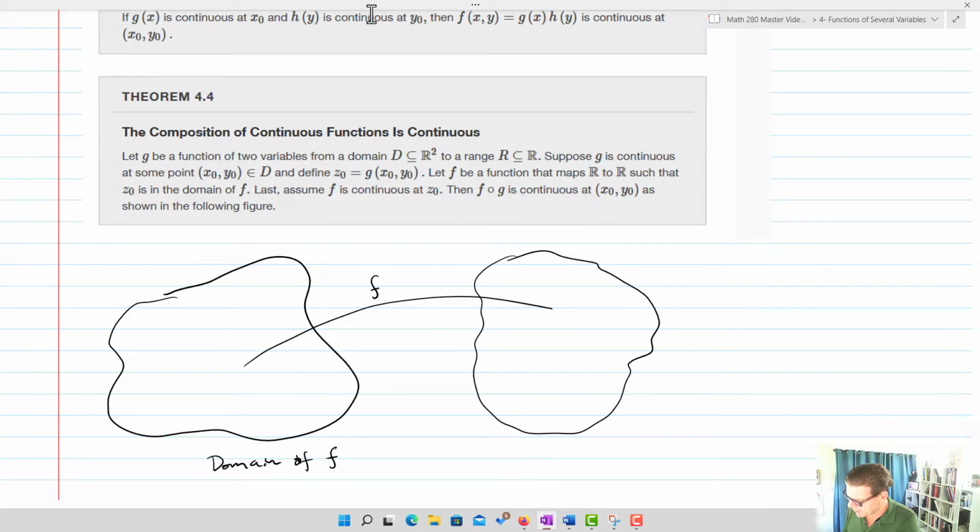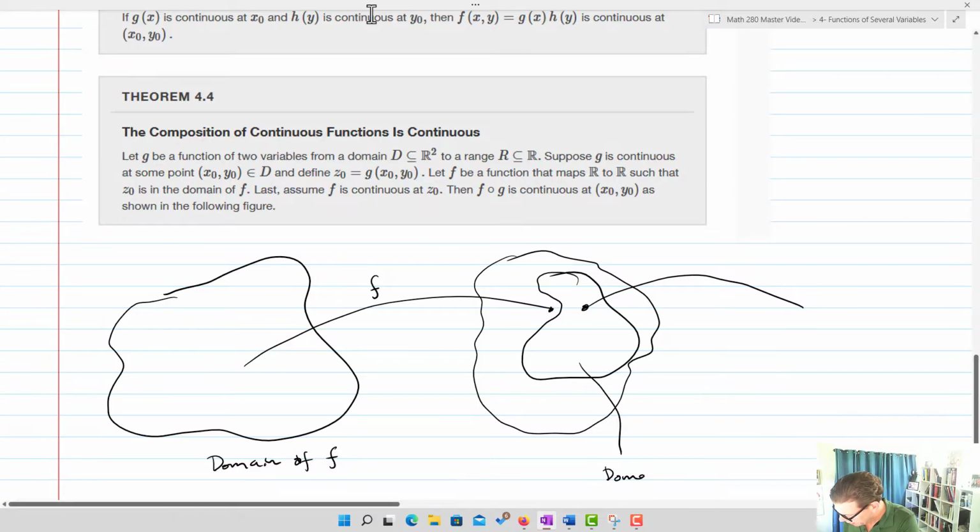What we have to be cognizant of is that when we go through and compose the two functions, we are picking something that is also inside the domain of our function g, and then that goes into the range of g.